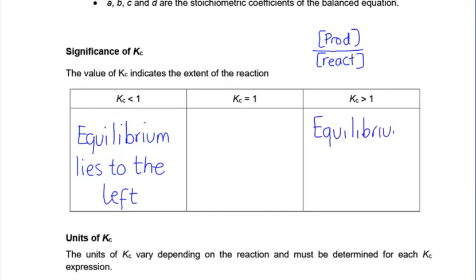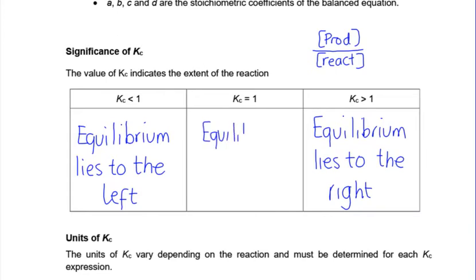And when we have more on the top line, we get a top-heavy fraction. If Kc is equal to 1, then equilibrium would be smack bang in the middle. I don't know an example where that actually happens, so we could even put this in brackets, because that is very unlikely.